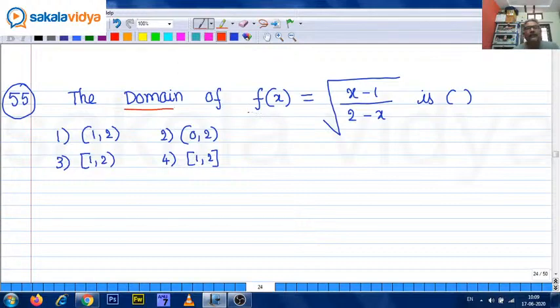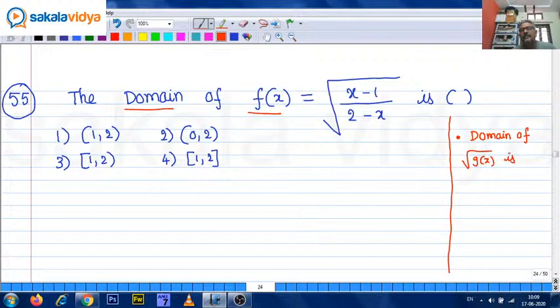The domain of f of x equals root of (x minus 1) upon (2 minus x). Actually, the domain of root g of x is the solution set of g of x greater than or equal to 0.